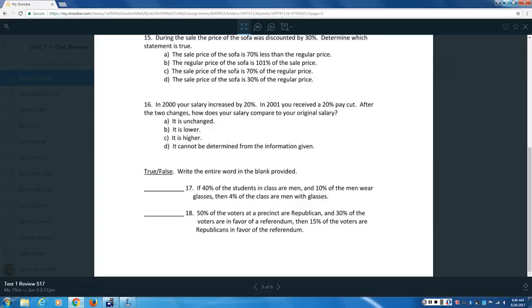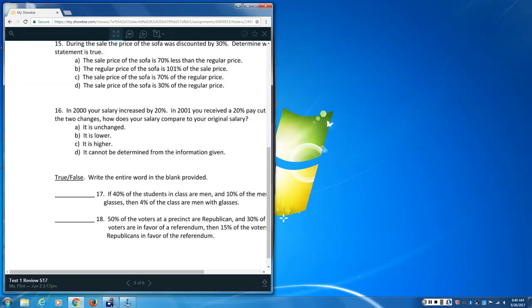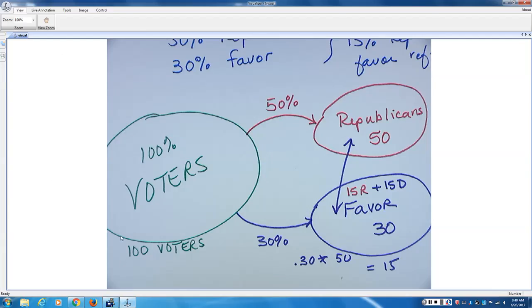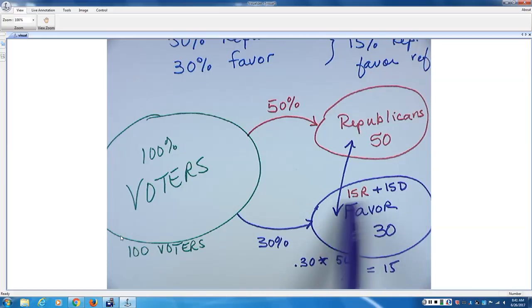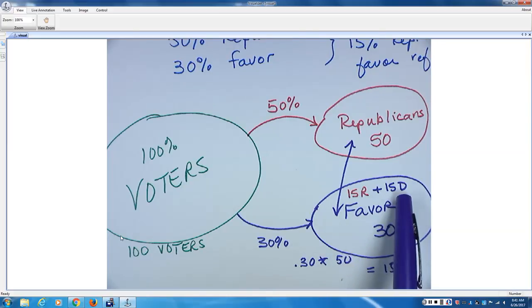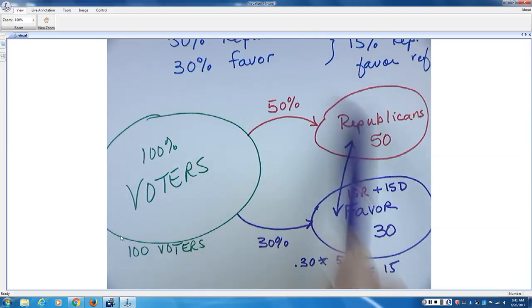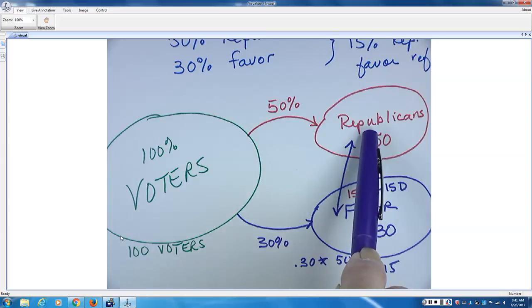It would be true if it said 30% of the Republican voters are in favor. That's the difference. Because it says 30% of the voters are in favor, but you can't make the assumption that that 30% applies to the Republicans, because it's not Republicans in favor of.